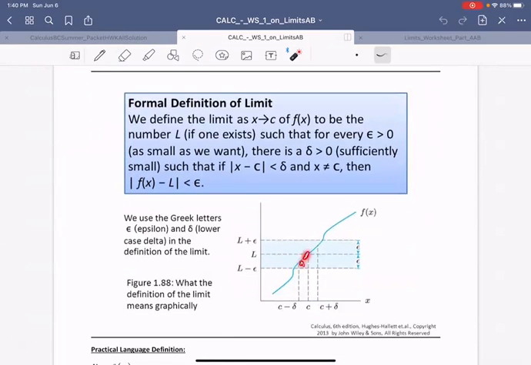With this graph, if I want to get the limit at x equals c, I'm going to approach from the left. I reach a point. I'm going to approach my function from the right.